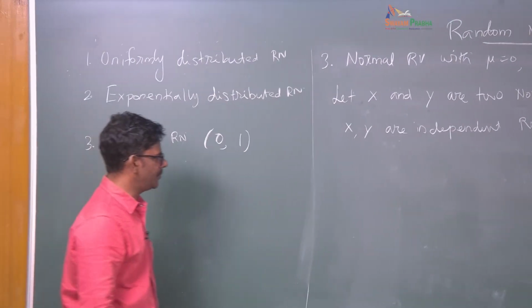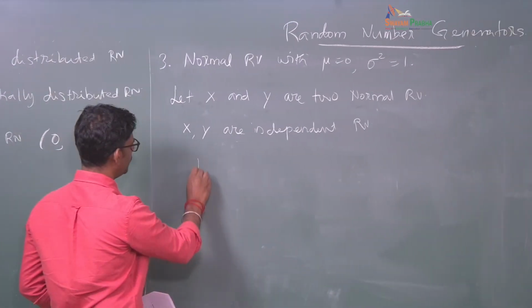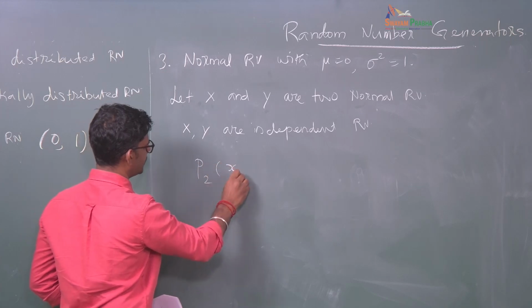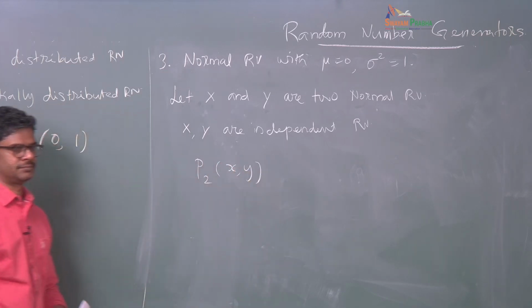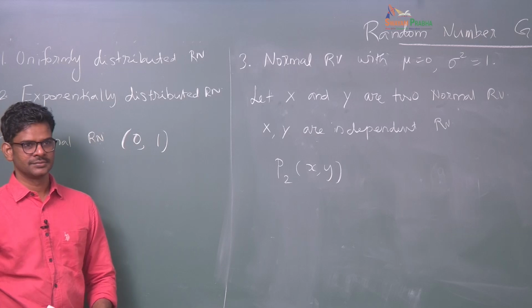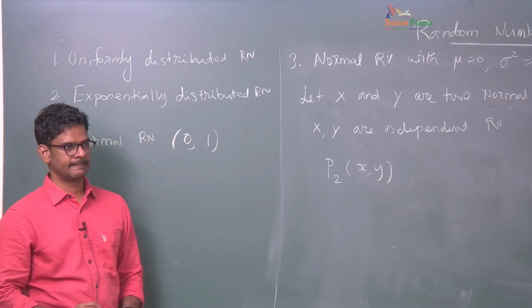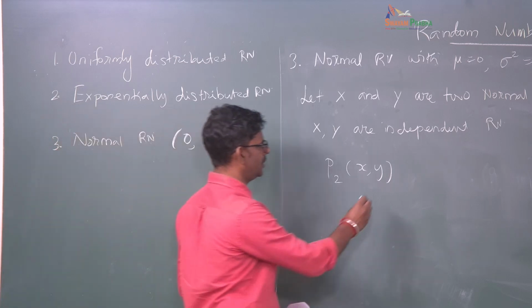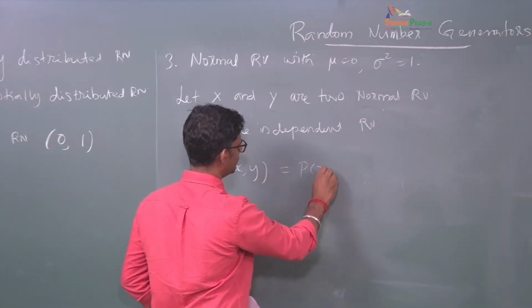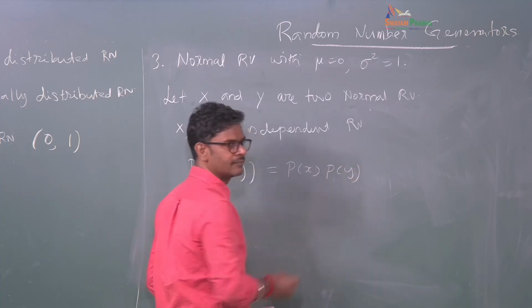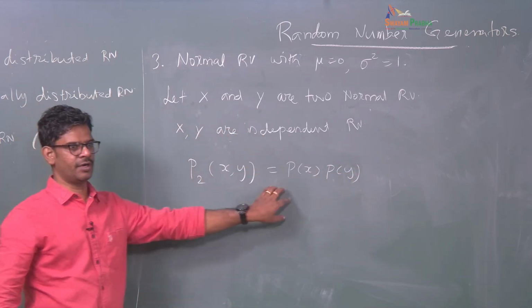So I may be interested to write what is the joint distribution of x and y. What can I say about this? What is the joint distribution of x and y? The product of the individual ones, right? So it's p of x into p of y, because they are independent random variables, I can write the product of the individual ones.